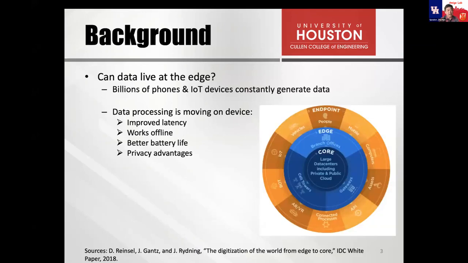So why does the data live at the edge? Because we have billions of phones and IoT devices. If we take all the data to the cloud center, the communication burden is too high. Also, in some applications, especially real-time applications, the round trip delay cannot be accepted.